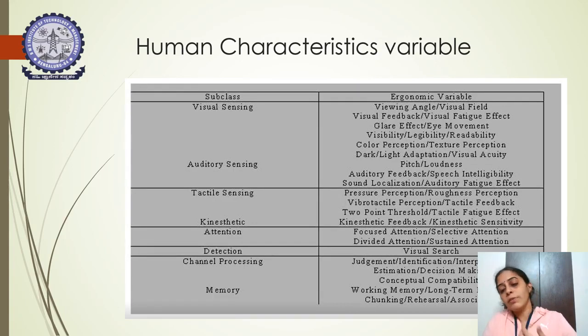And also we were talking about the ergonomic factors, right? The basic human characteristic variables which are needed in a product design are described step by step for different things.